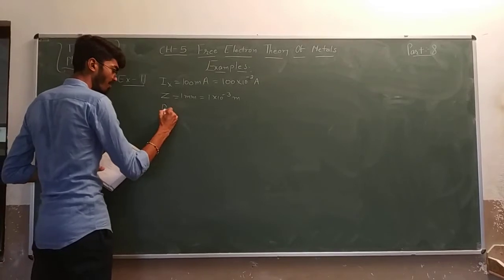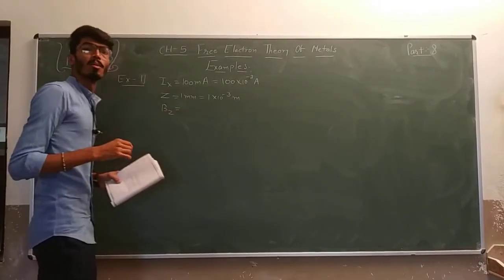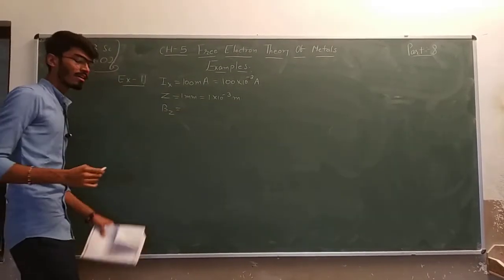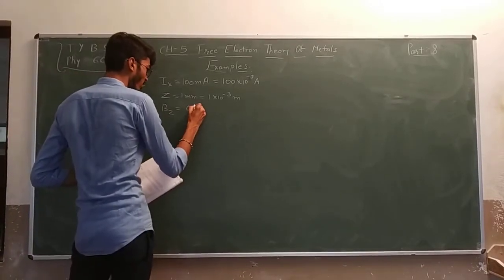Our B of Z, that means magnetic field in Z direction, is also 0.1 Tesla.